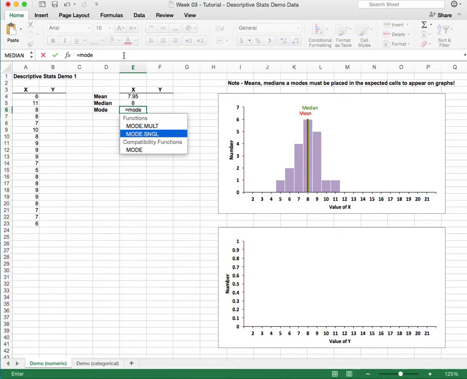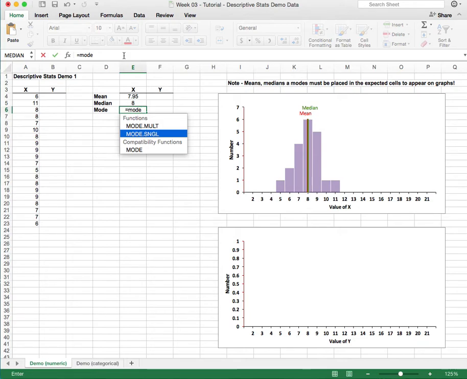What this is going to do is give us a single mode. The mode is the value that is found most often. If we look over on the plot, we see that we have more 8s than anything else, so 8 would be the mode. If we had multiple modes in our data set, single would only tell us the first mode.